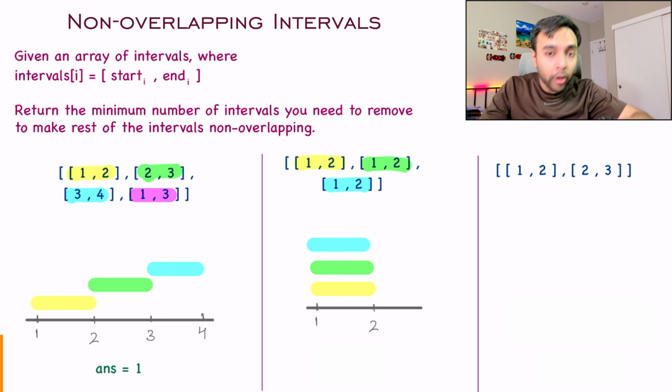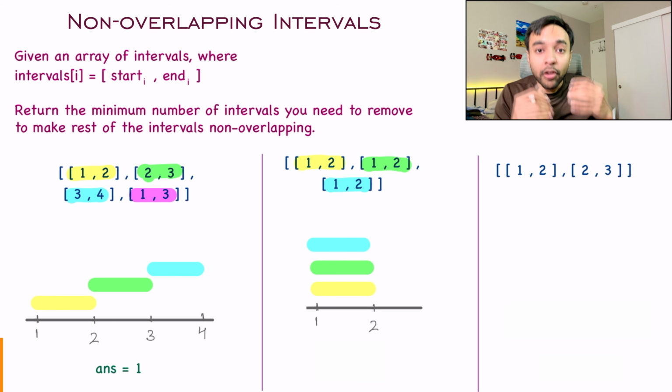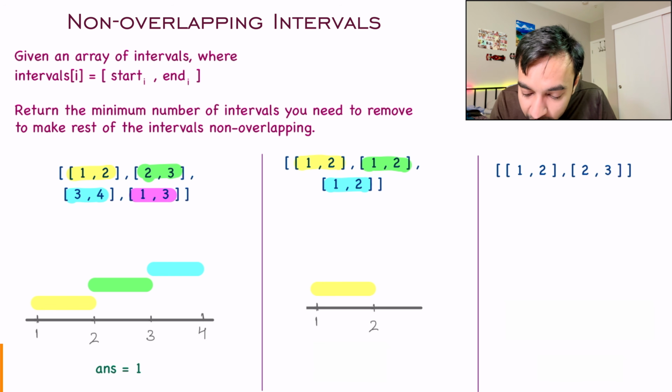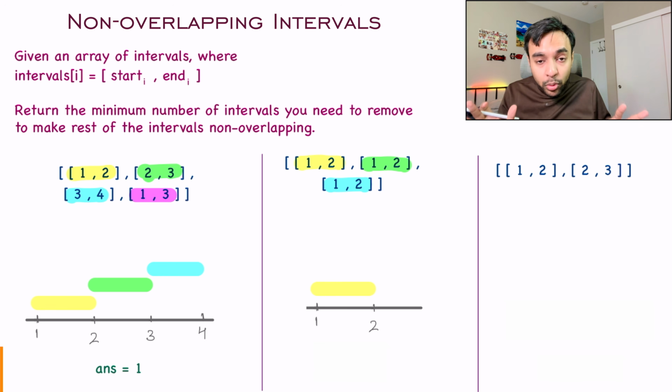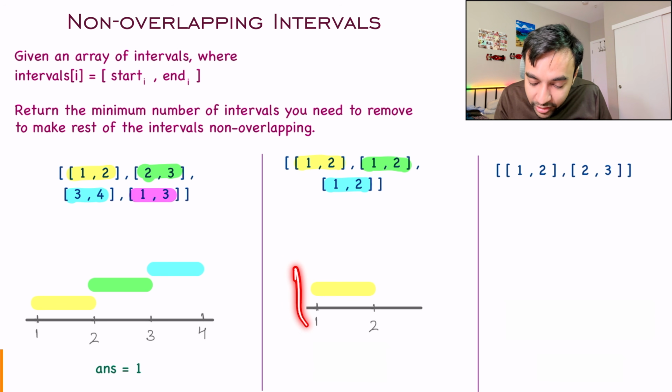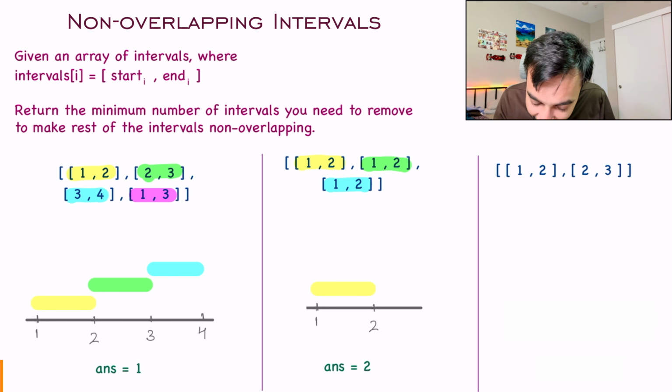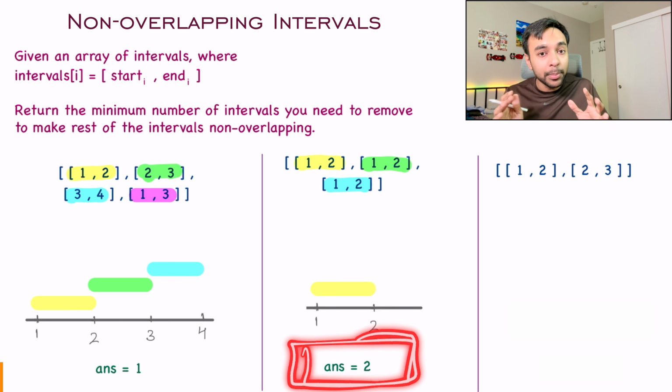So if you want to make this a possible schedule, what will you need to do? You will need to remove a minimum of 2 intervals. They can be any two, right? And then you will have a schedule possible such that none of the intervals are overlapping. So in this particular test case, you removed 2 intervals. And that's why the answer to this test case will be 2.